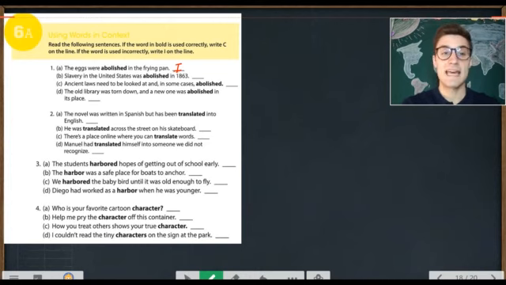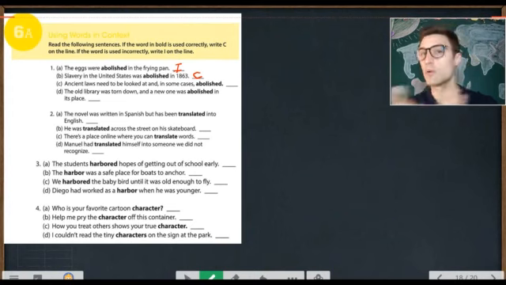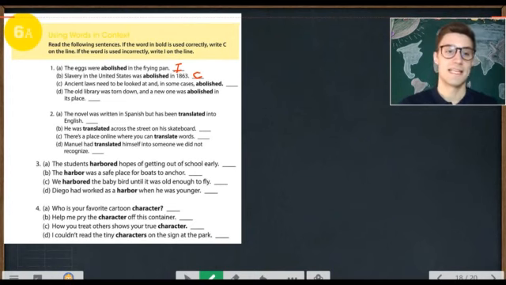B. Slavery in the United States was abolished in 1863. Correct. Slavery could be abolished, to bring it to an end, to do away with it. C. Ancient laws need to be looked at and, in some cases, abolished.